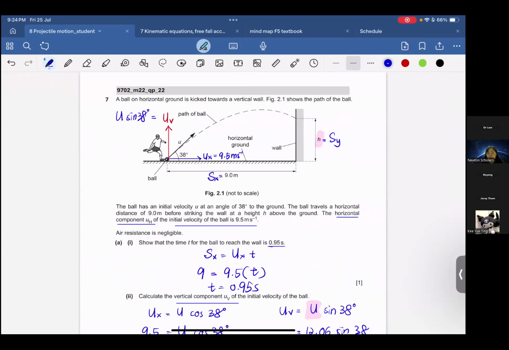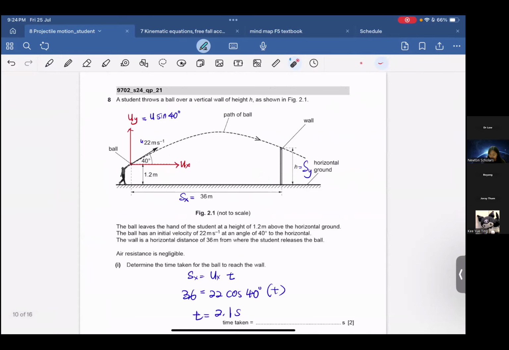You see your SY that you get is actually from this point until here. This is your SY. Then we come back to our question. See, your point is here. So your SY that you calculate is here.